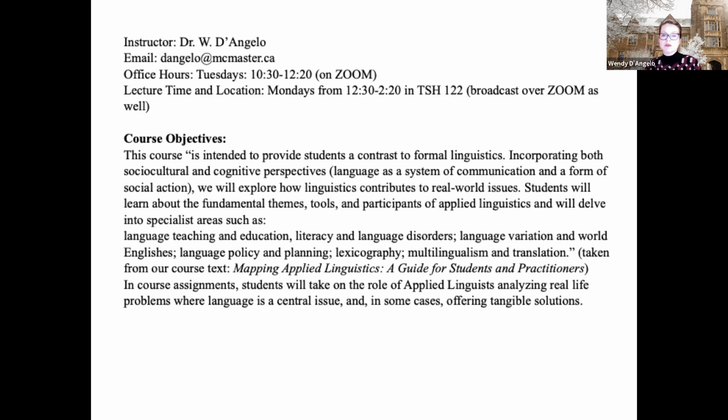We will explore how linguistics contributes to real-world issues. Students will learn about the fundamental themes, tools, and participants of applied linguistics, and will delve into specialist areas such as language teaching and education, literacy and language disorders, language variation and world Englishes, language policy and planning, lexicography, multilingualism, and translation. So it's pretty loaded, this course, right?